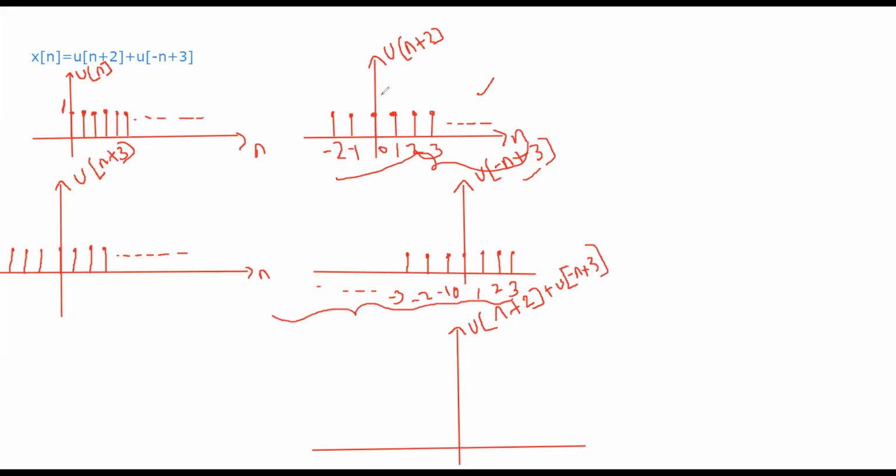So if I add these two signals, then the resultant should be in the range of minus infinity to plus infinity. So let me add these signals here. At minus 2, this has the magnitude of 1 and this one has the magnitude of 1. So the resultant should have the magnitude of 2. Similarly, at minus 1 also, both the signals have the magnitude of 1, so the resultant has the magnitude of 2.